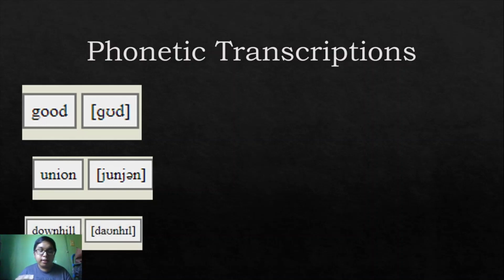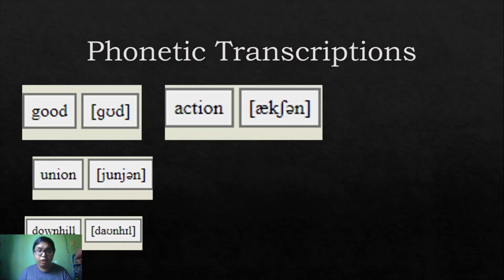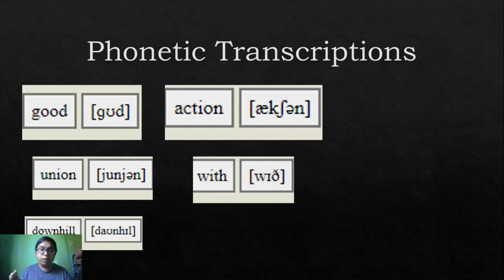Next, downhill, downhill. Next, action. Again, we don't say that as action, we say that as action. Next, with. Again, with. Not with, but with the S sound on the last part.